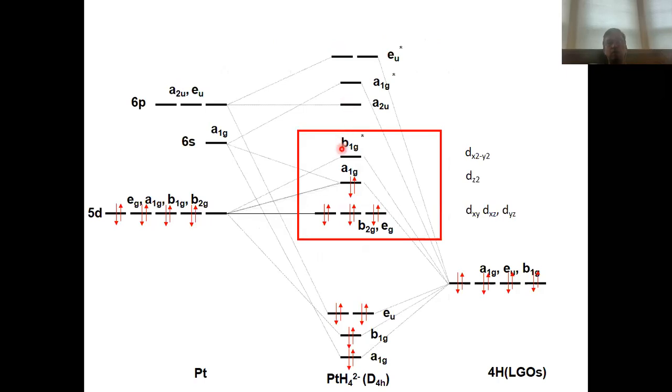Okay, so we see that this orbital here, the A1G orbital, which resembles the dz square orbital, is our highest occupied molecular orbital, and it's completely full.